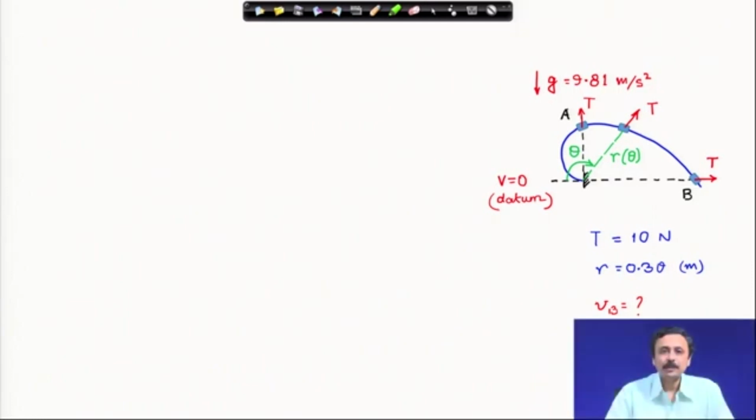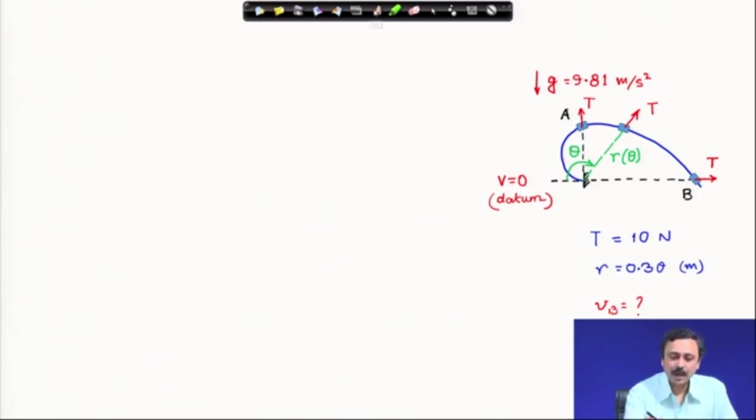Now, whenever we apply the work energy relation, whenever we represent potential energy, here we have the gravitational force field acting, which is the potential force field, and we know its potential energy expression or the scalar potential function, which is denoted by V. For this V we need to define a datum where V is equal to 0.